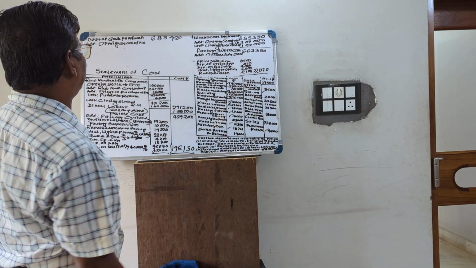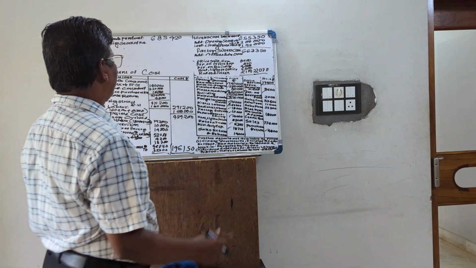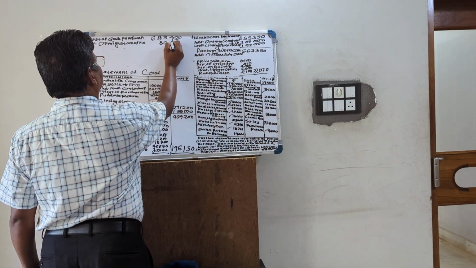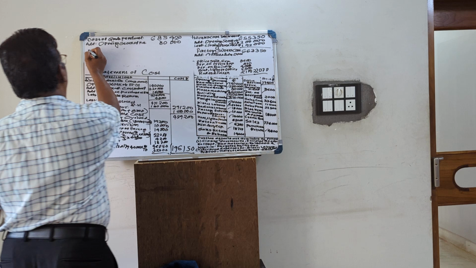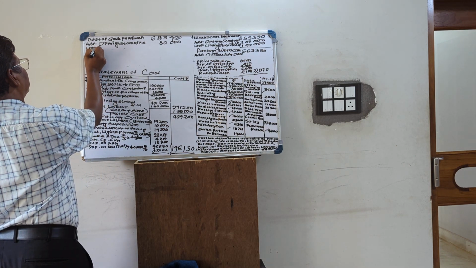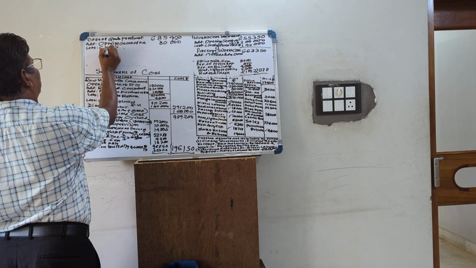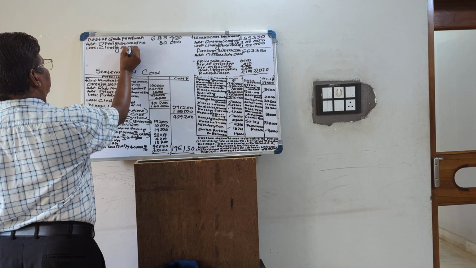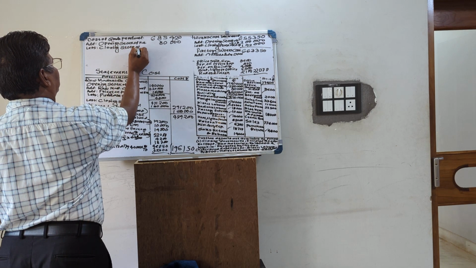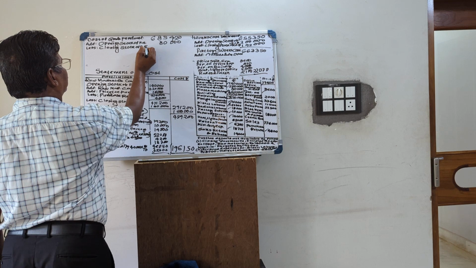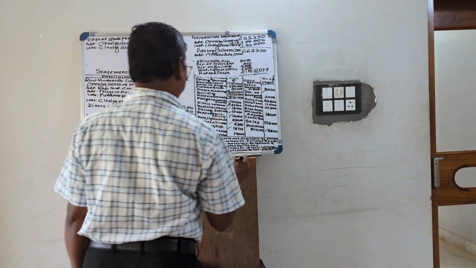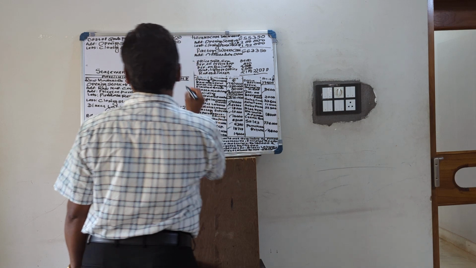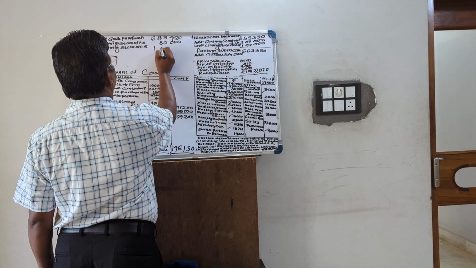Your opening stock of finished goods is 80,000, less closing stock of finished goods 1,15,000.